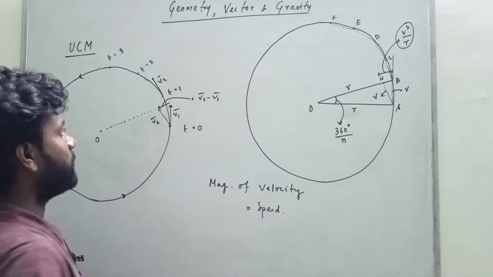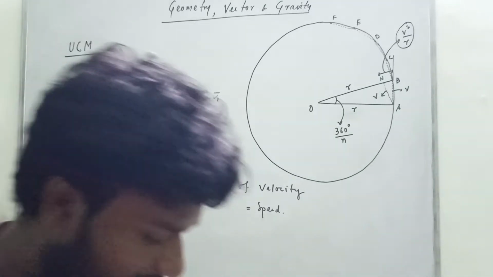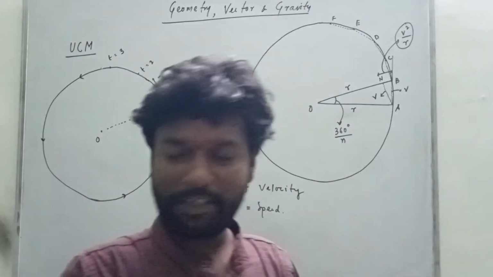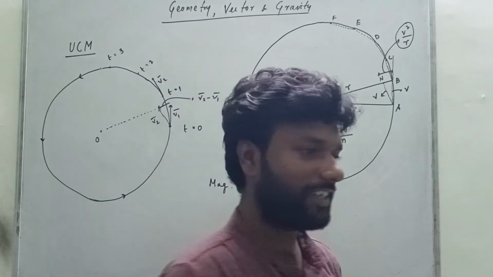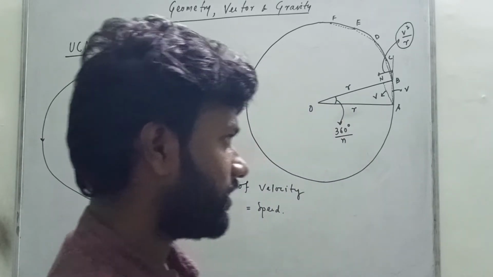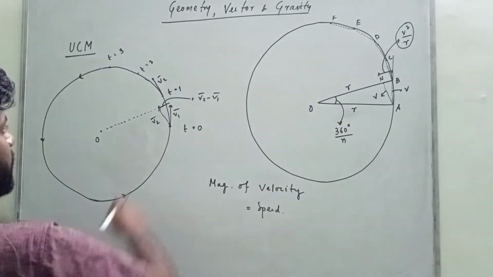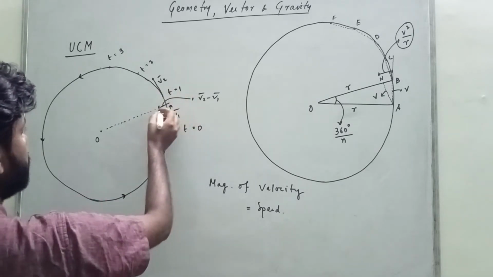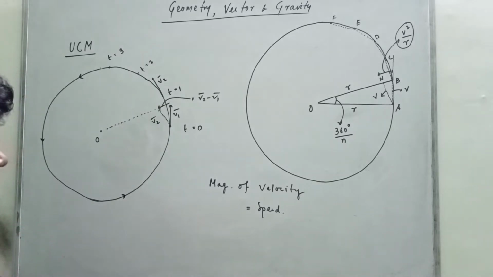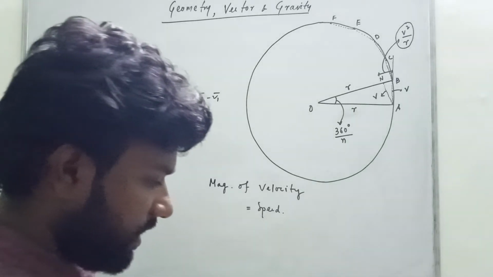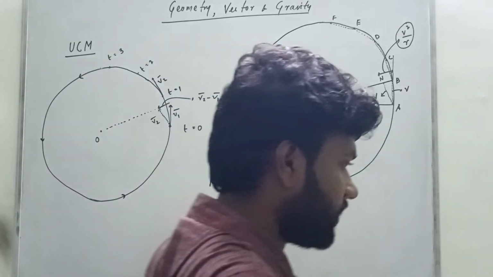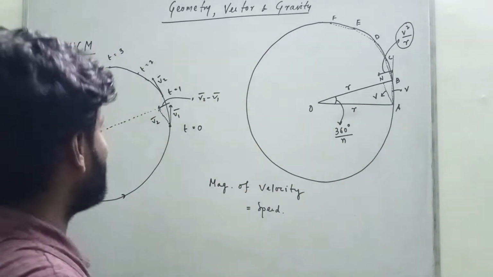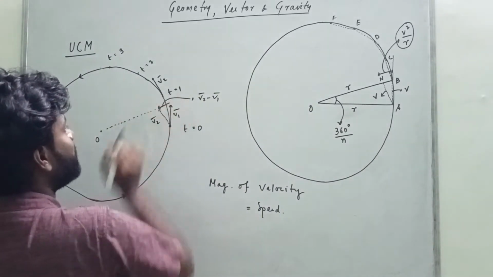The acceleration means the change of velocity, final minus initial velocity, per unit time, and it is a unit time because it is 1 second. So it is a centripetal acceleration, towards the center, right?